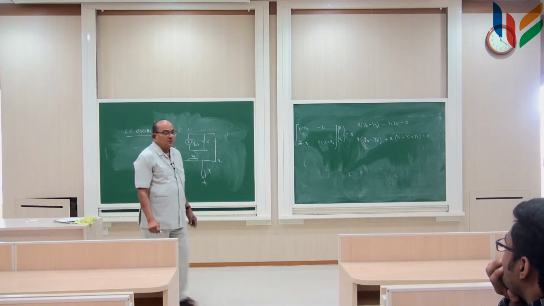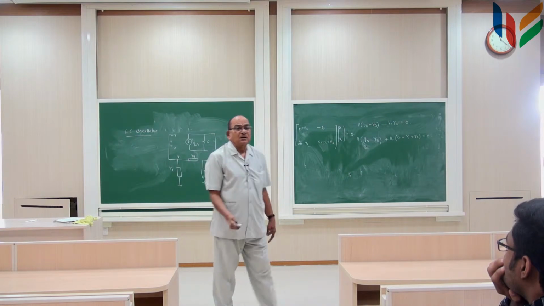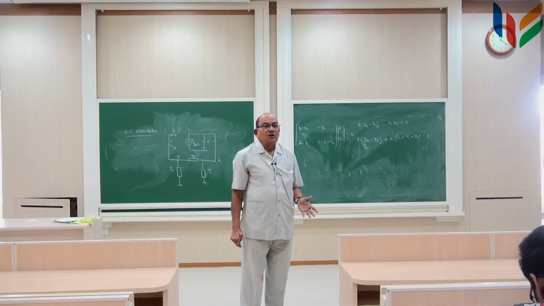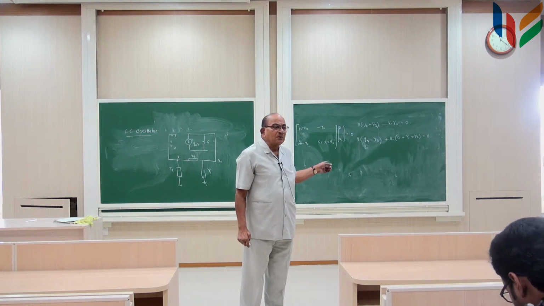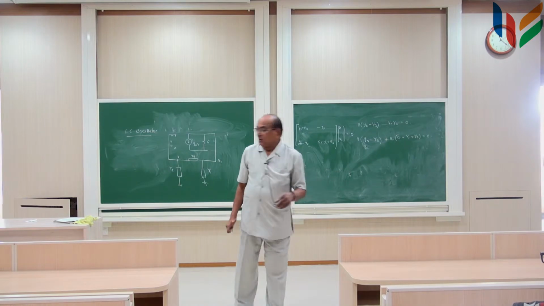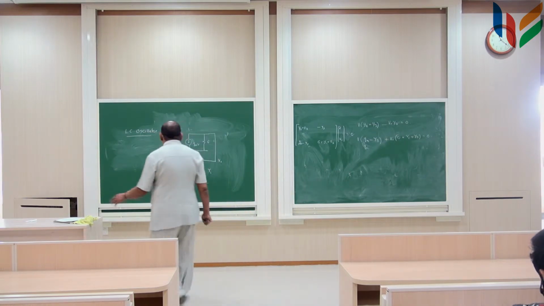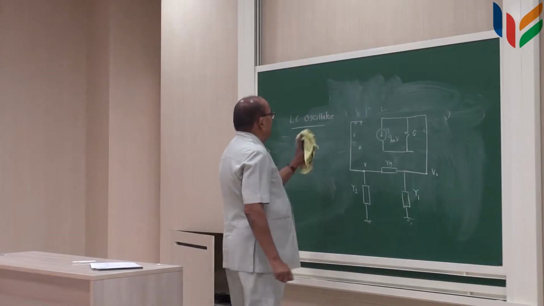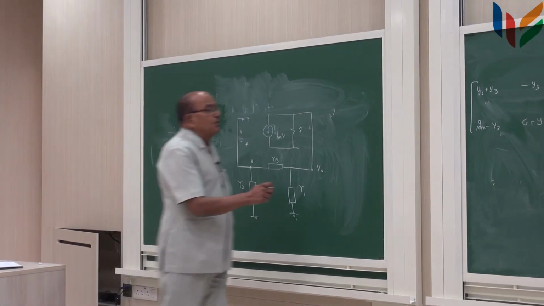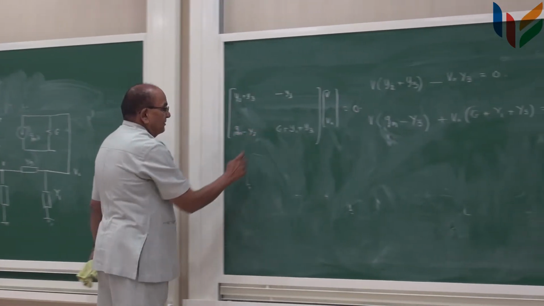So, linear simultaneous equation theory will tell you that if it has to be a non-zero solution, then the determinant of this matrix must be equal to 0. So, that gives you your oscillation condition. That oscillation condition then turns out to be this into this.